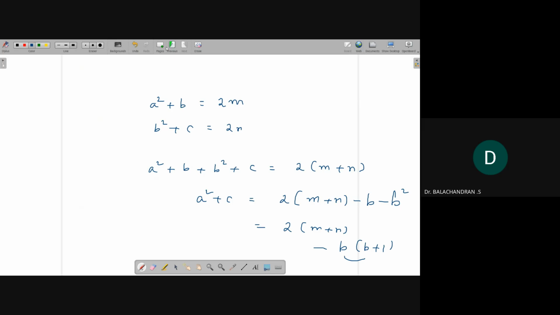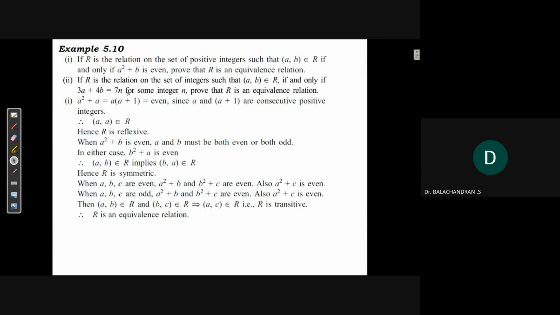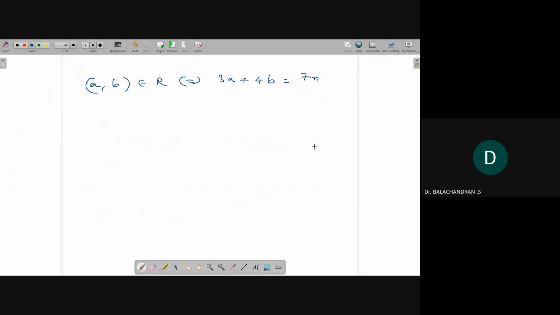So I will write here: a is related to b, a comma b belongs to R, if and only if 3a plus 4b equals 7n for some integer n.